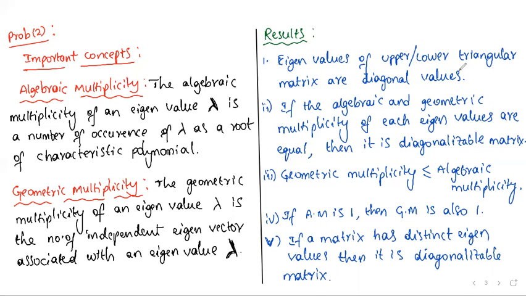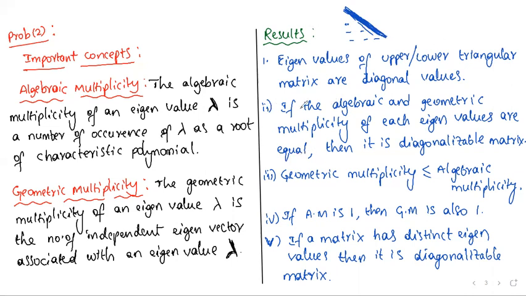The eigenvalues of an upper or lower triangular matrix or a diagonal matrix are the diagonal values. This is the upper triangular matrix. Whatever values are present in the diagonal elements, those are the eigenvalues of the given upper or lower triangular matrix.